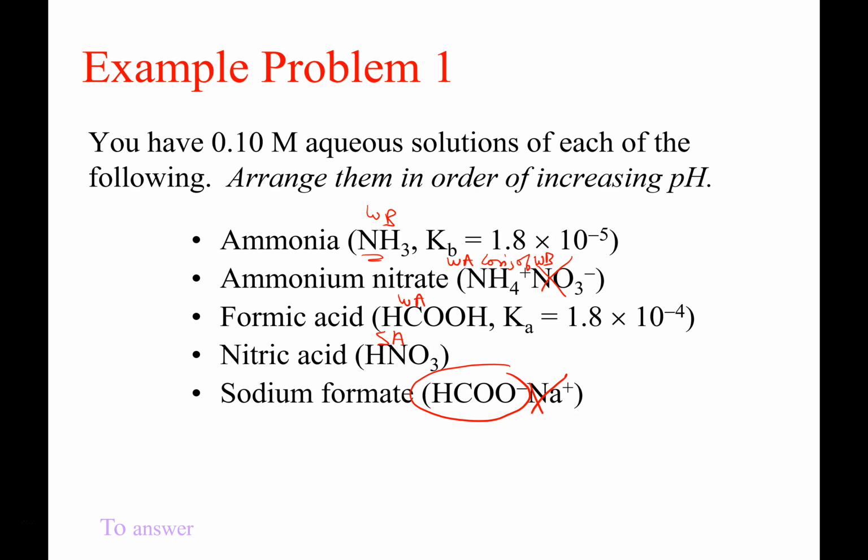I have to do a new equilibrium, don't I? Here I go. Here's the formate ion, HCOO-, water molecule minding its own business. In chemical equilibrium, it forms your HCOOH. That's your formic acid plus OH-.